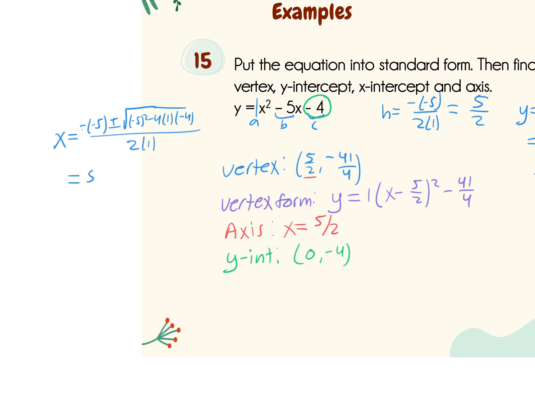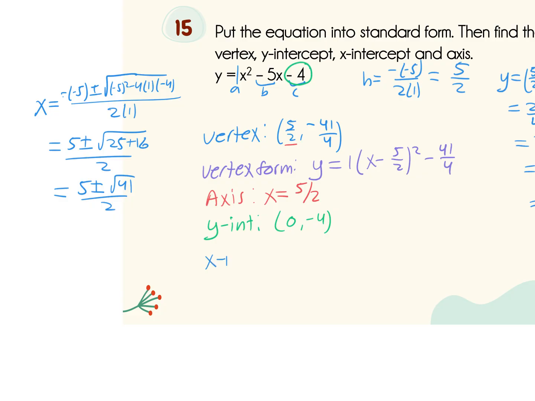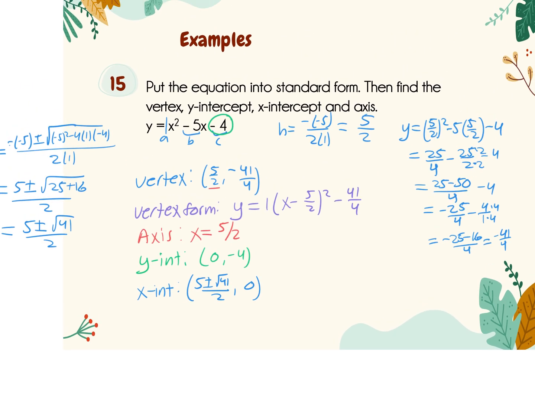All right, and that's going to get you 5 plus or minus the square root of 25 plus 16 over 2, and that's going to get you 5 plus or minus the square root of 41 over 2. All right, so it does not simplify, right? So I was mistaken, it does not factor. All right, so I would set my ordered pairs as 5 plus or minus the square root of 41 over 2, comma 0. All right, and that's all the information that we were asked for.